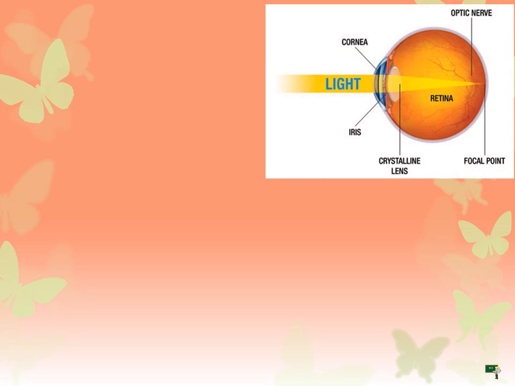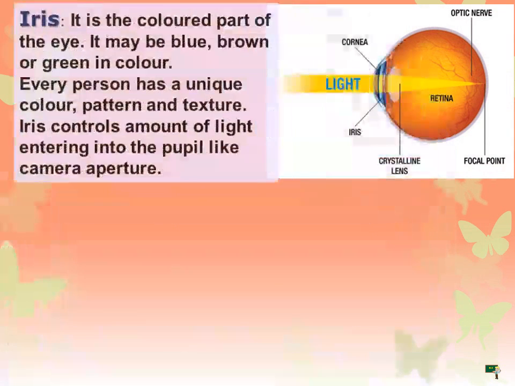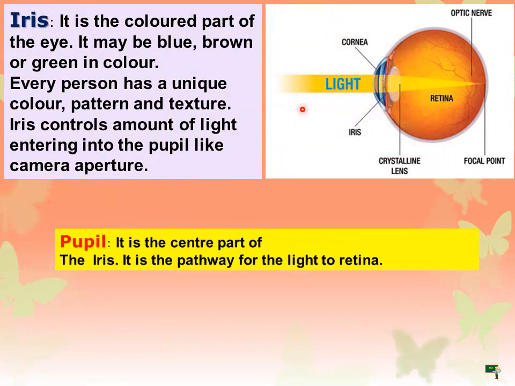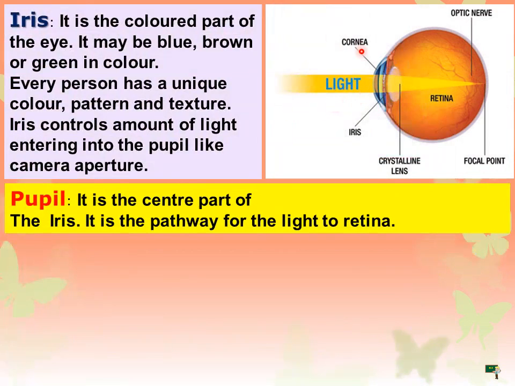I think this picture shows you more about it. Here the light enters, and this is the cornea and this is the iris. It reaches the retina, and these are the crystalline lenses we have.